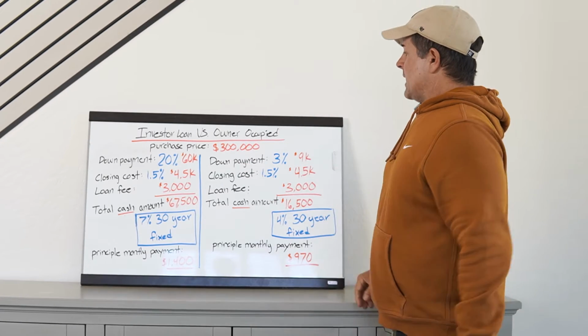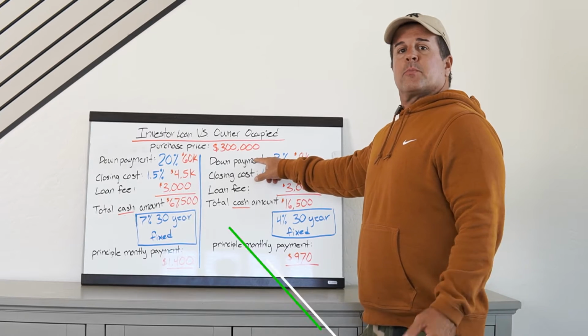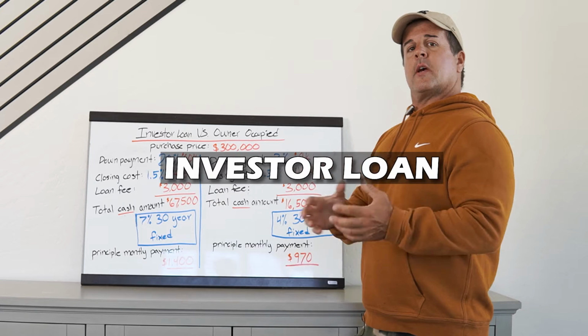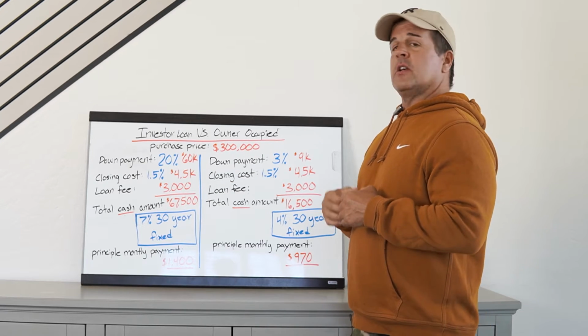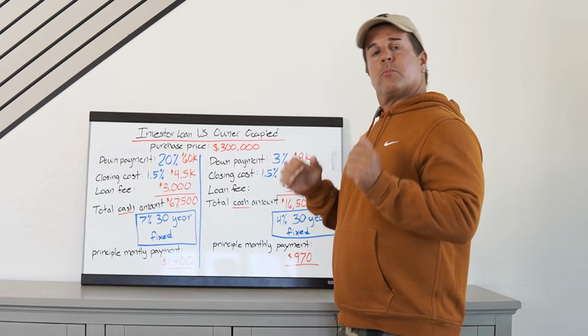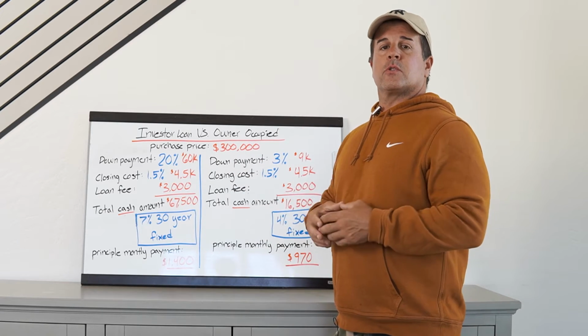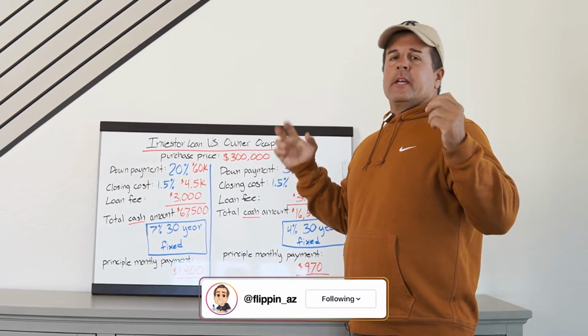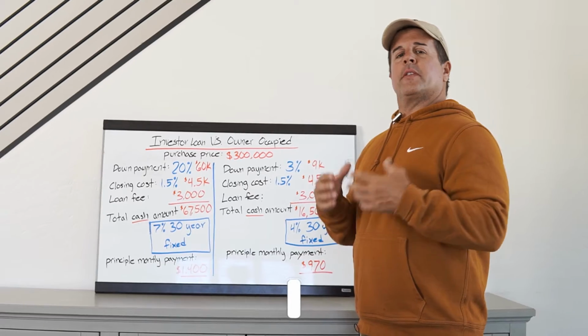So here's the breakdown. We did a property purchase price of $300,000, okay? The first one was someone who went into Wells Fargo and said, I need to buy an investment property. We're gonna turn it into a short-term rental. So with that, I think in the bank's eyes, there was more risk with investors.